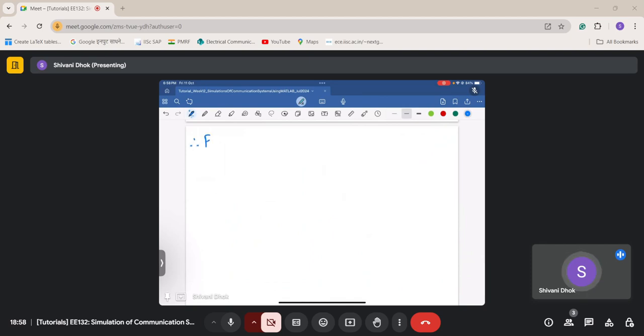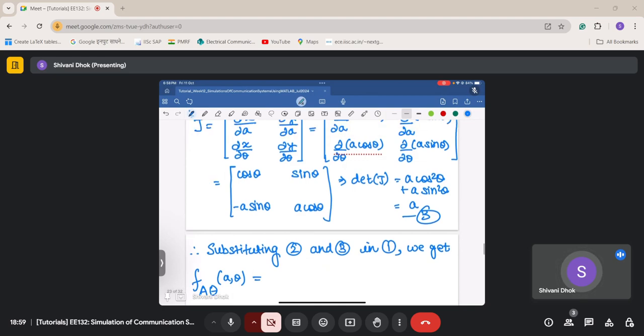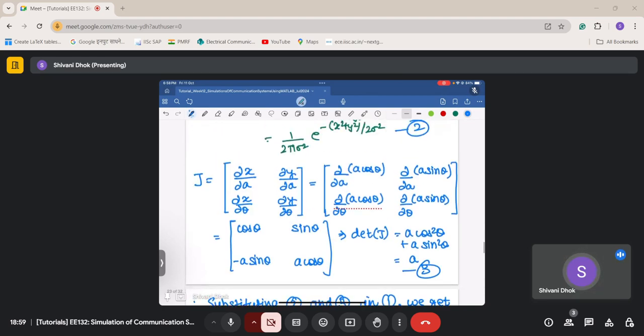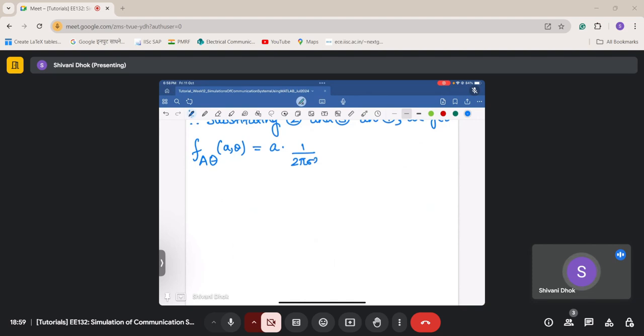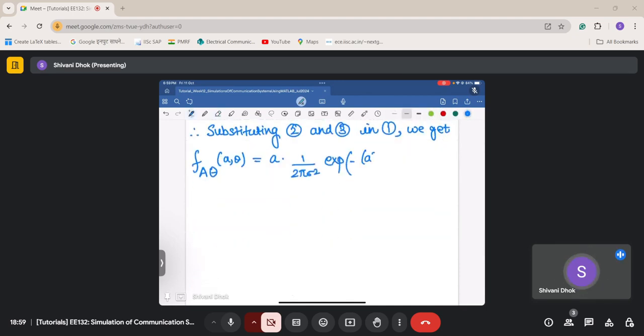Substituting 2 and 3 in 1, we get f A theta of A comma theta as the determinant of the Jacobian, which is A, multiplied by the joint PDF, which is 1 over 2 pi sigma square exponential of minus x square plus y square, that is A square cos square theta plus A square sin square theta, divided by 2 sigma square.